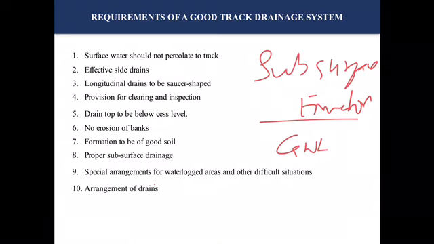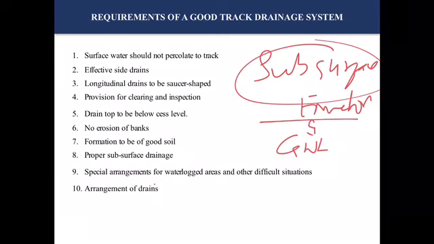In places where it is expected that the groundwater level is very near to the formation, some suitable subsurface drainage method will be adopted to eliminate the entry of water into the formation level. And you have to ensure that the highest level of the groundwater table should be well below the level of the subgrade.